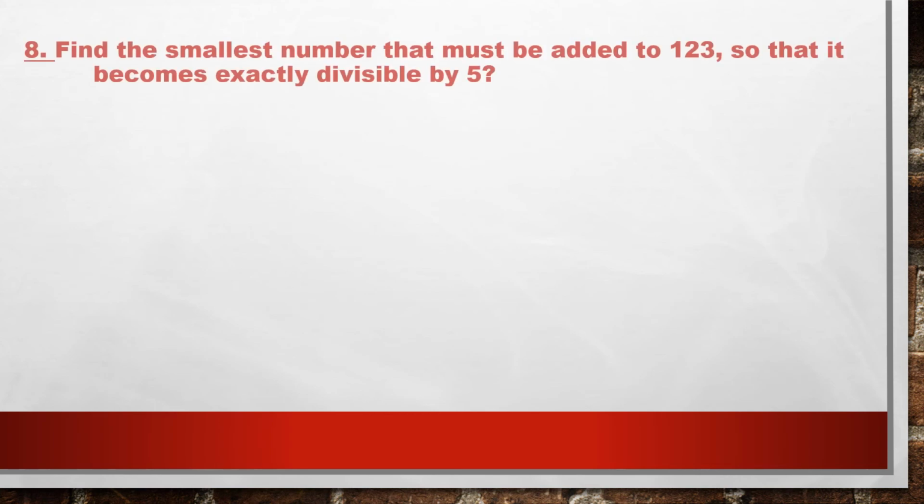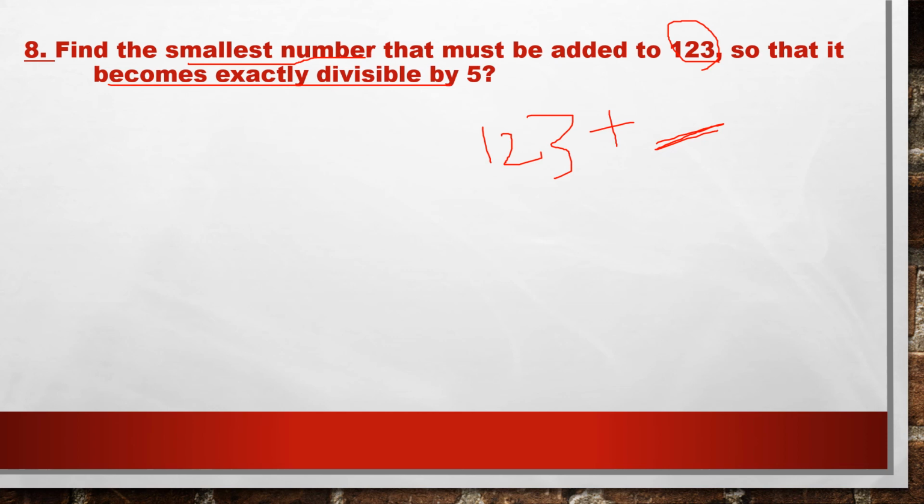So here is your next question. Find the smallest number that must be added to 123 so that it becomes exactly divisible by 5. Whatever number you add to this 123, you will get one number, right? This number should be divisible by 5.